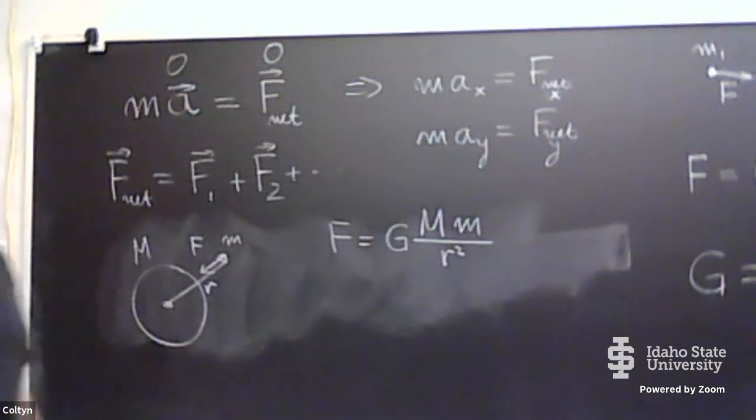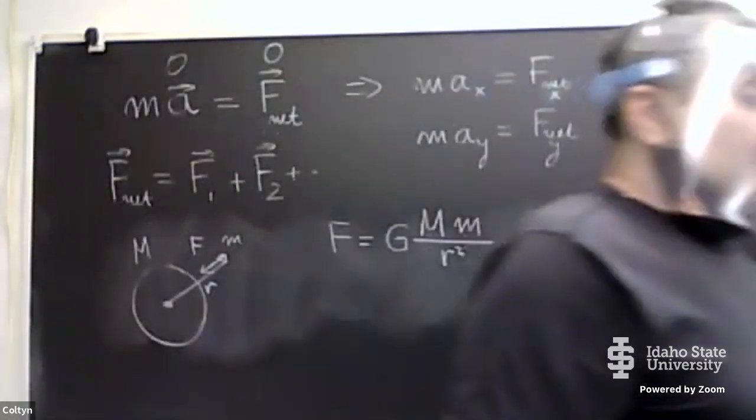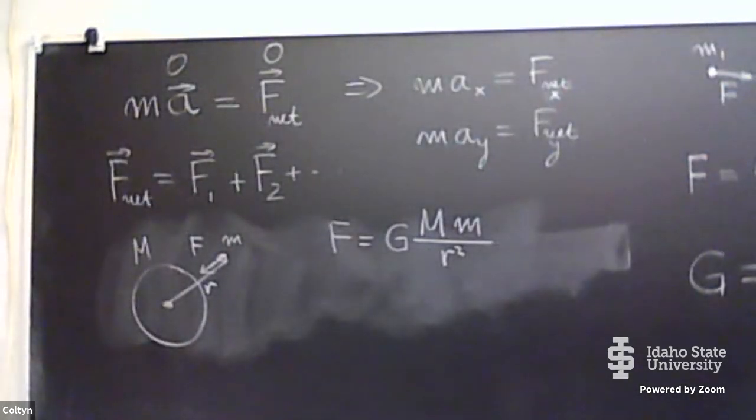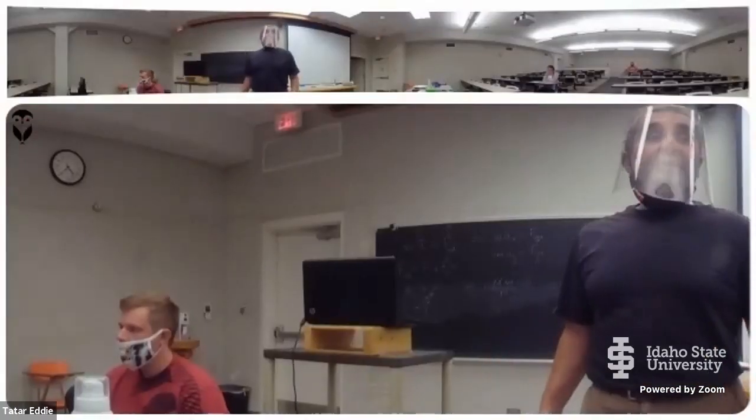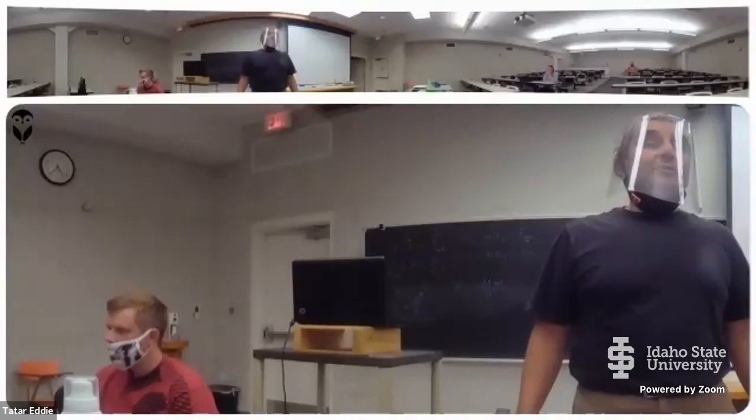Now, we're talking about objects that are relatively close to the surface of the planet. Right? This piece of chalk, my body, your body, we're relatively close to the surface.